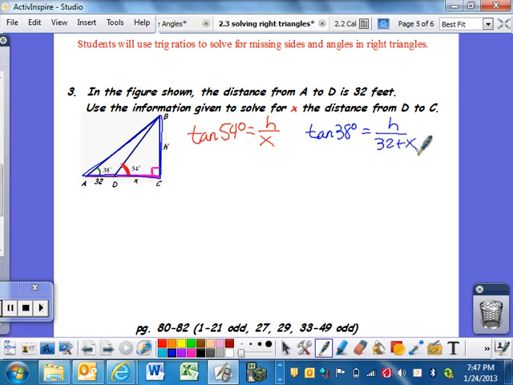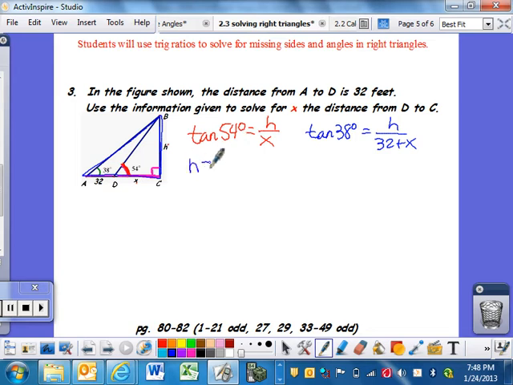So what I want to do now is, since I have essentially two different scenarios, I can solve for h in both of them, and then I can set them equal to each other and basically get rid of the h's. And then I have everything in terms of numbers, because tangent of 54 is essentially just a number, and x's. And then what you end up doing is just solving for your x, which is a little bit tedious, but that's okay.